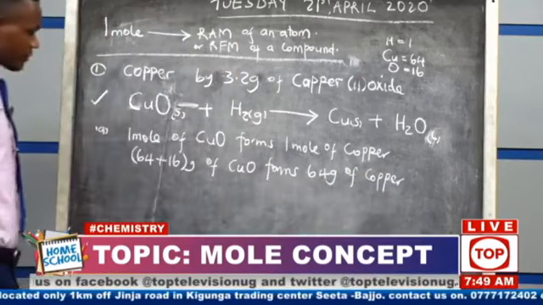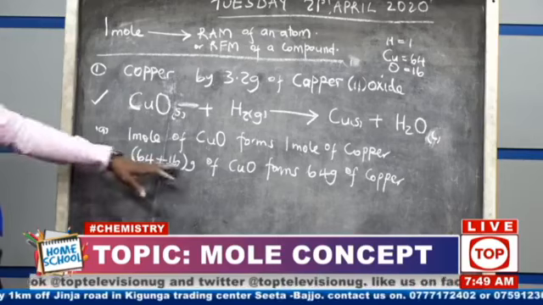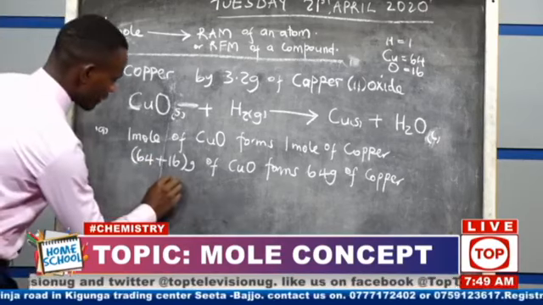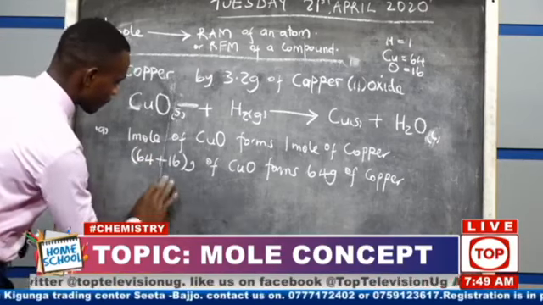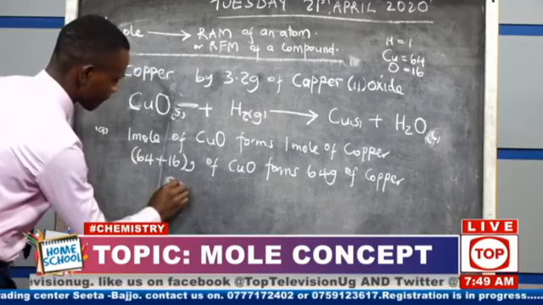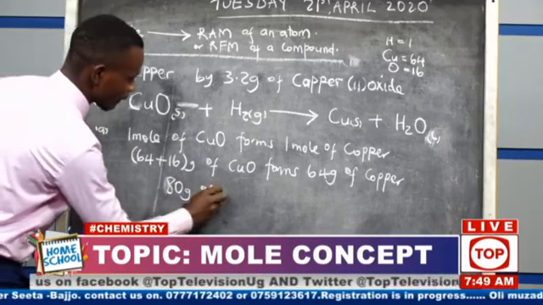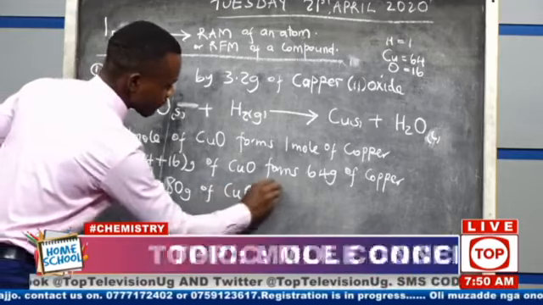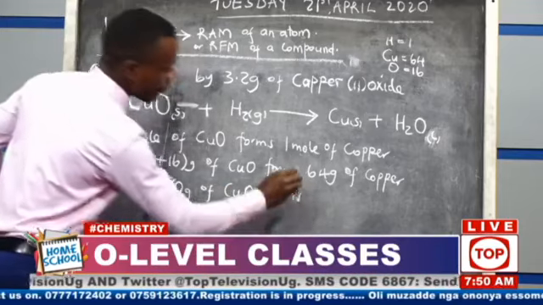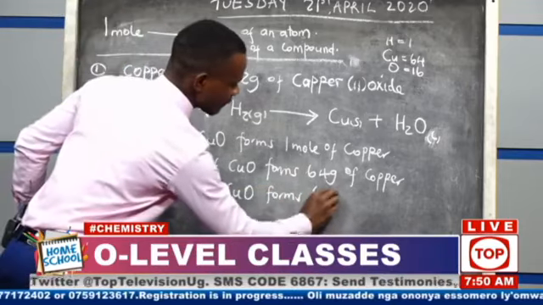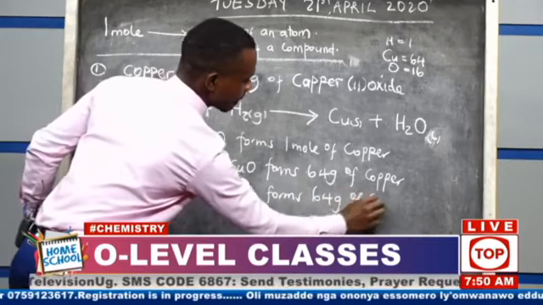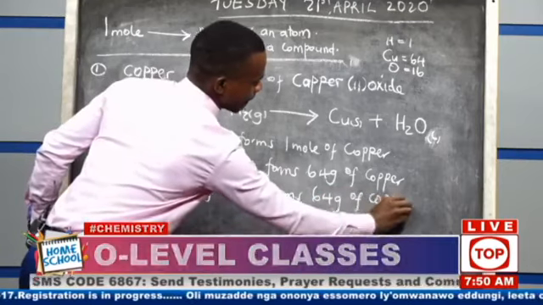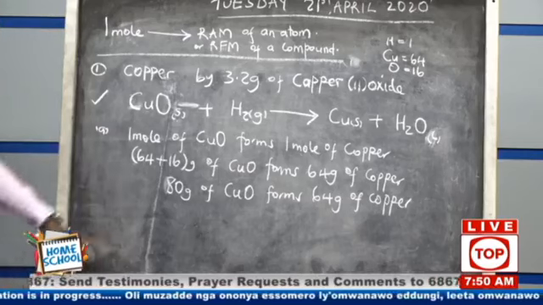Are we following? Then 64 plus 16, you get 80. Okay, 80 grams of copper oxide, you say, forms the 64 grams of copper.